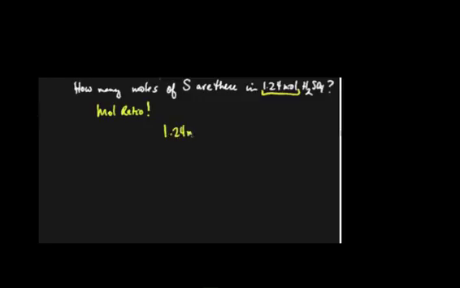So we start with 1.24 moles of H2SO4. And we look at the compound and we know that in 1 mole of H2SO4, there is 1 mole of sulfur because the subscript is 1. So that means that there is 1.24 moles of sulfur as well.